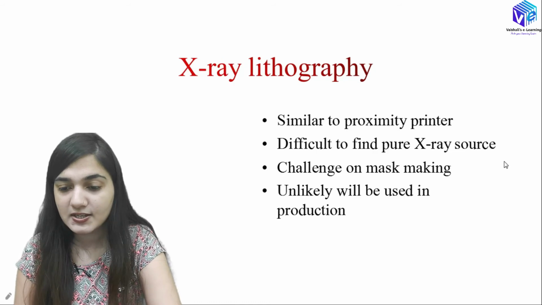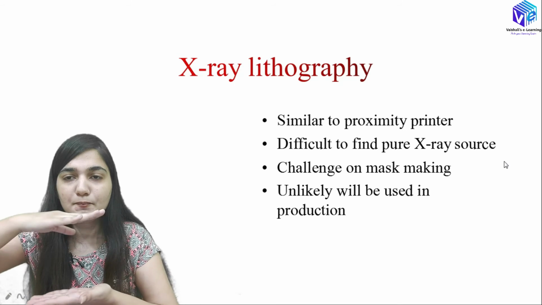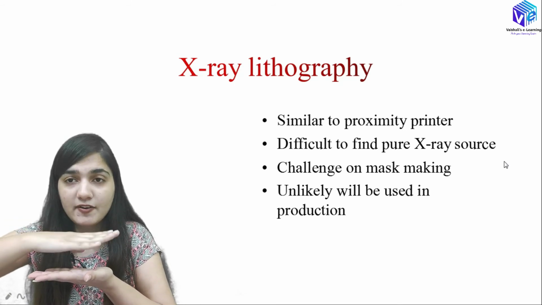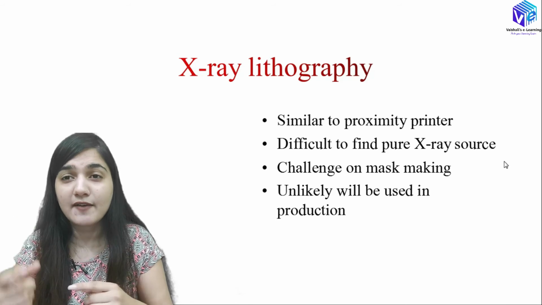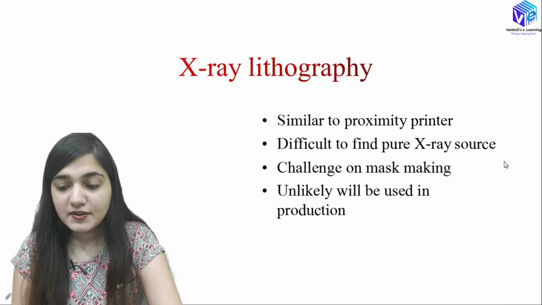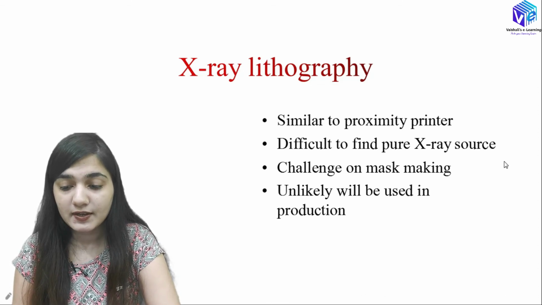Now coming to the X-ray lithography, it is also similar to the proximity printer. I have already told you, in the proximity printer we put the mask just above the wafer surface. It has a gap of less than 10 nanometer in between. It is difficult to find a pure X-ray source, and this is the limitation over here.